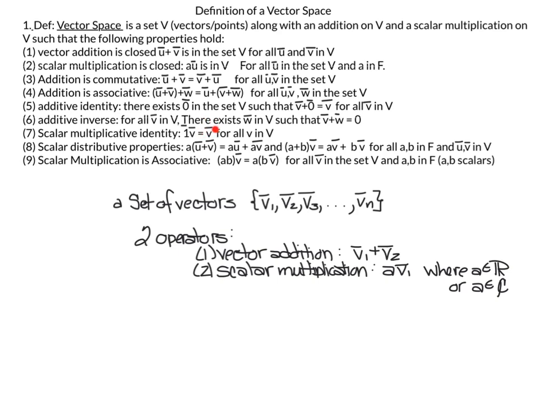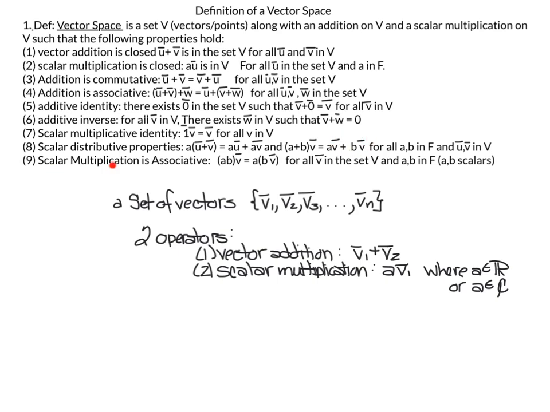which times any vector v in our vector space V will give us back our vector v. We have a scalar distributive property, that is the scalar a times (u plus v) is equal to the scalar a times u plus the scalar a times v. And also (a plus b), those are two scalars, times a vector v is equal to a times vector v plus b times vector v.